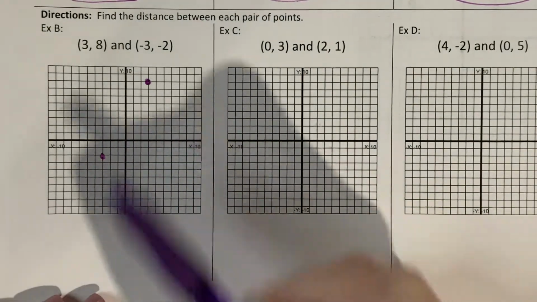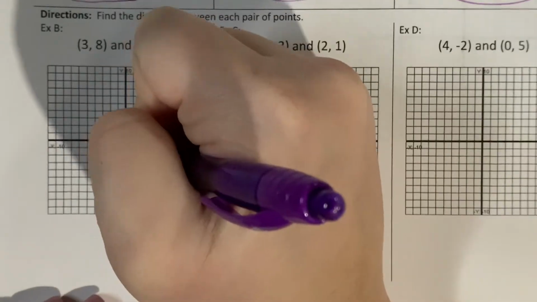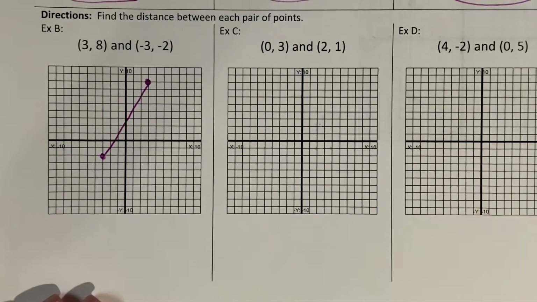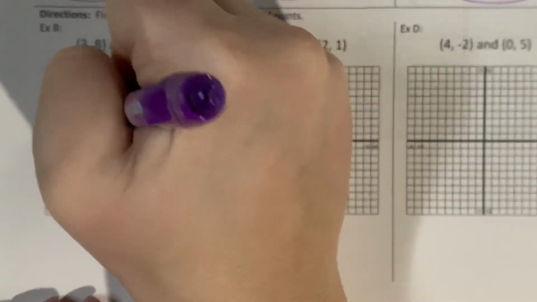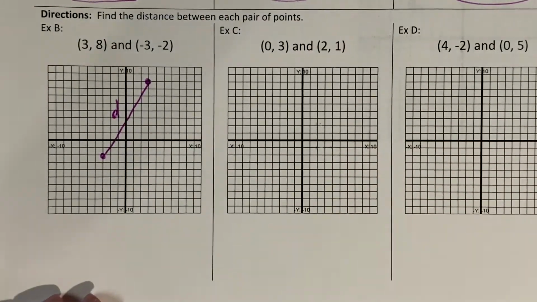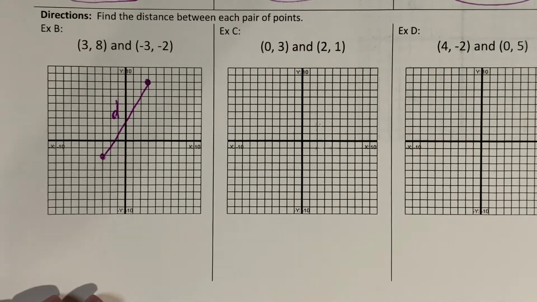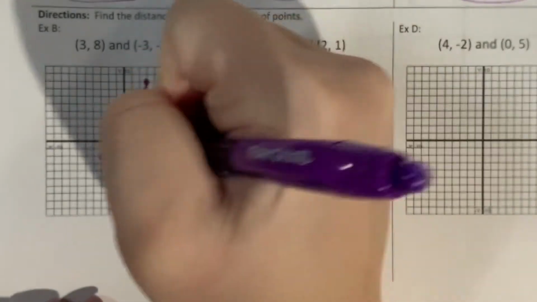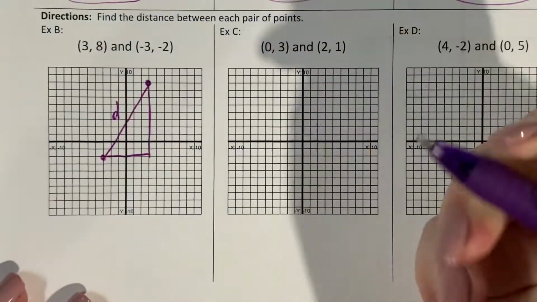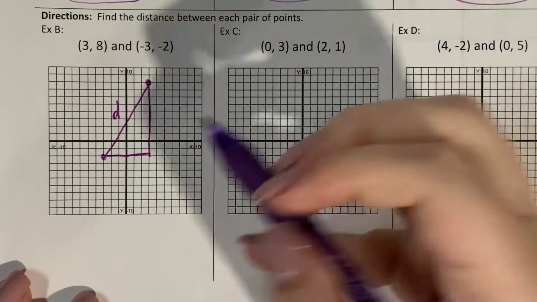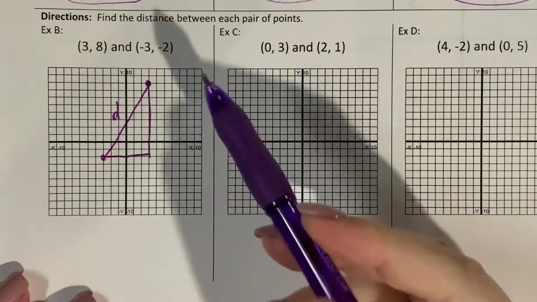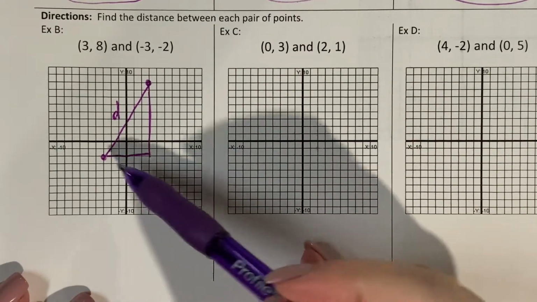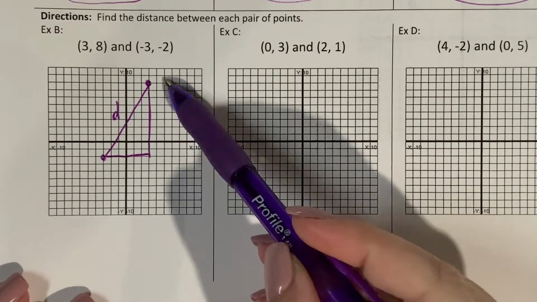So I plotted my 2 points, and I'm trying to find this distance between them. That's what I'm trying to find, that distance. I could label it as d. And I can again use my knowledge of Pythagorean theorem to create a right triangle here. That will help me. And so then I can count my leg lengths, because again, my legs of the triangle are going horizontally and vertically.